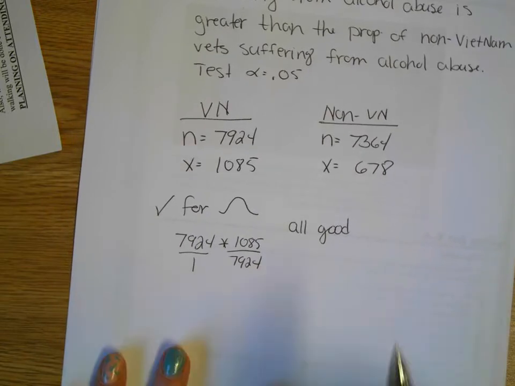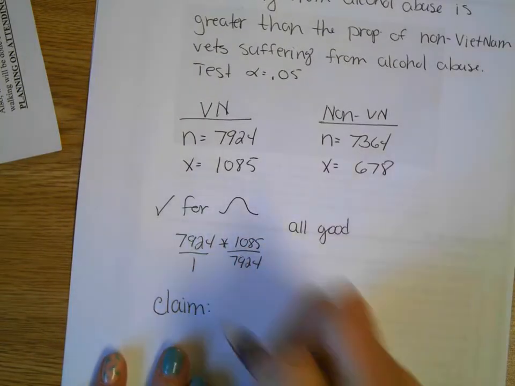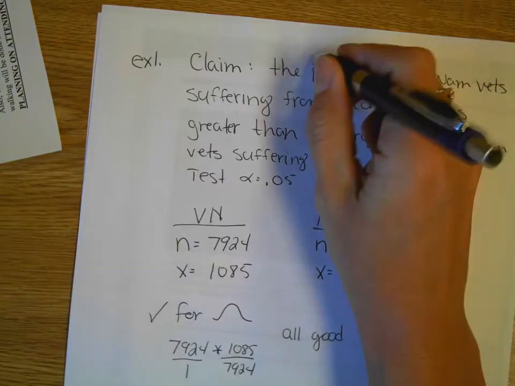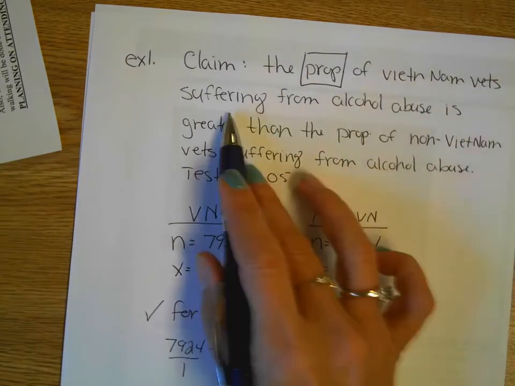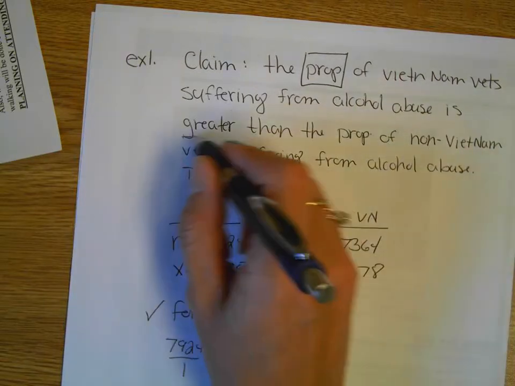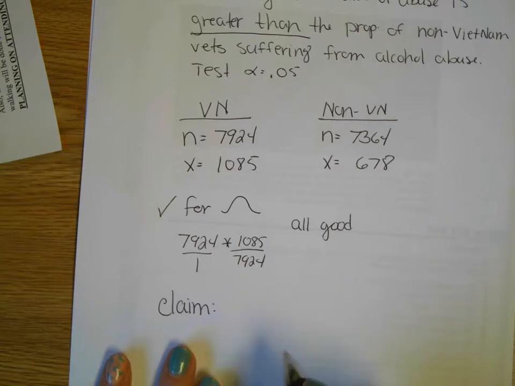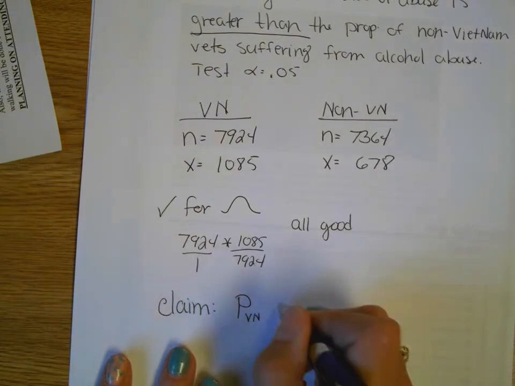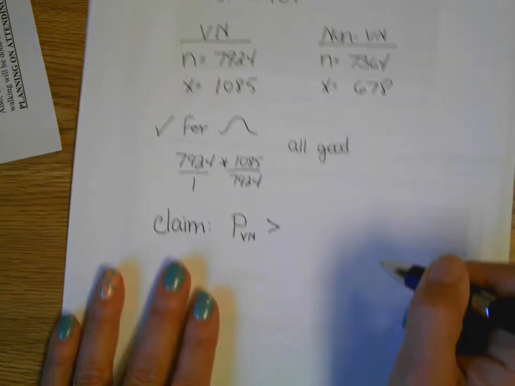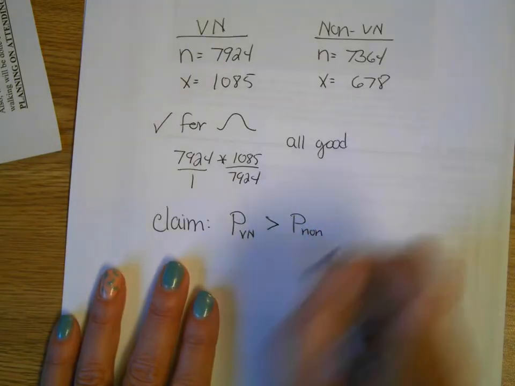Okay, so rewriting the claim. What it's saying is the proportion, so we're not using means, we're using P, of Vietnam vets suffering from alcohol abuse is greater than the proportion of non-Vietnam. So P for Vietnam is greater than the P for the non-Vietnam.